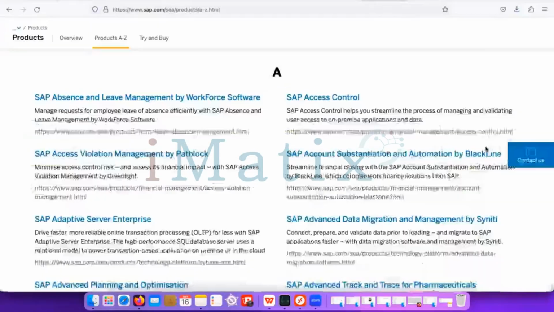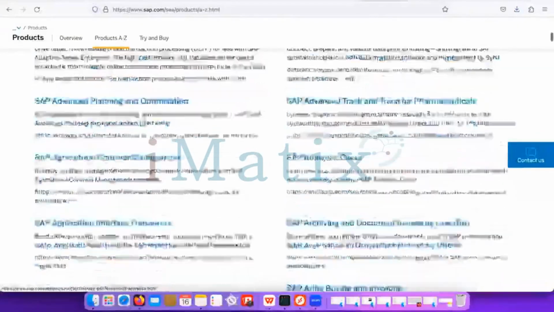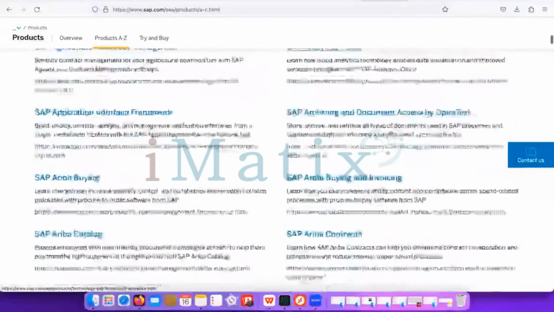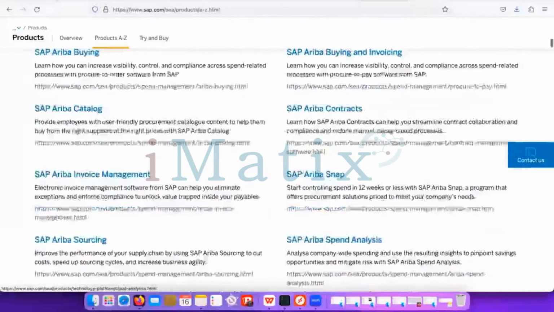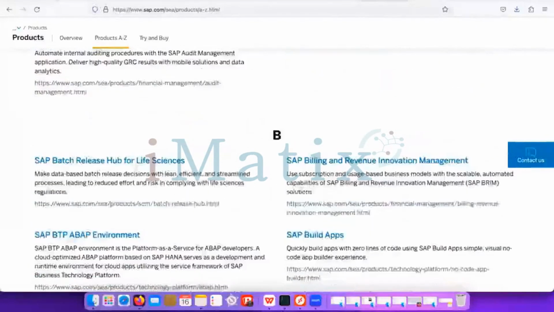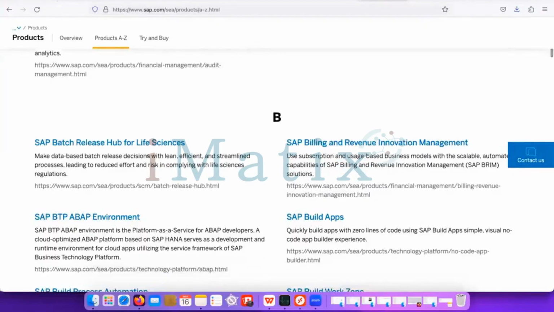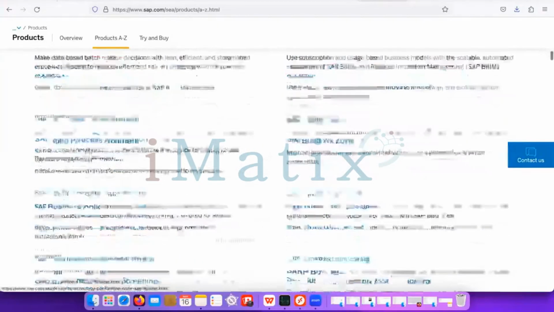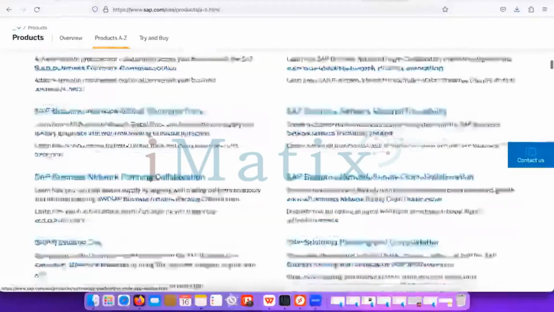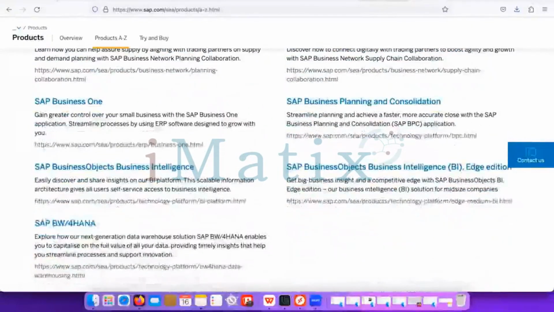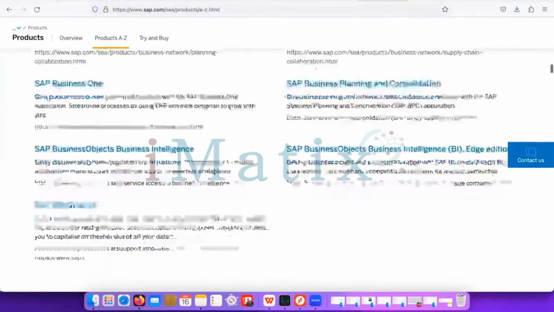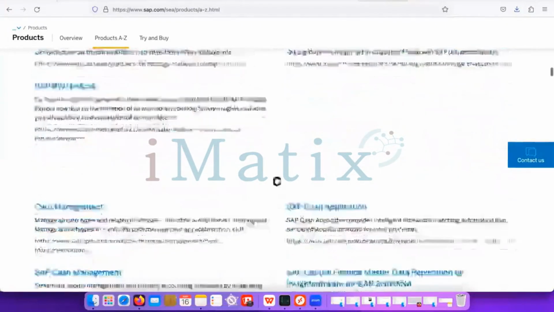SAP has acquired a lot of applications and companies as well. They acquired Sybase in 2007, and they also acquired SuccessFactors. SuccessFactors is not developed in ABAP; it might be developed in Java.